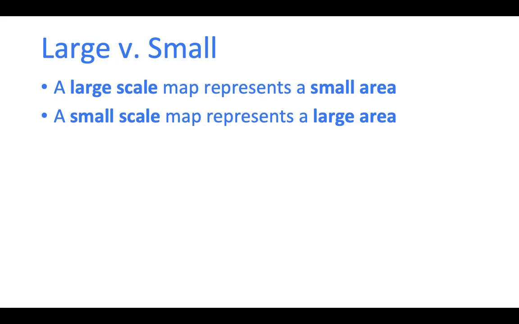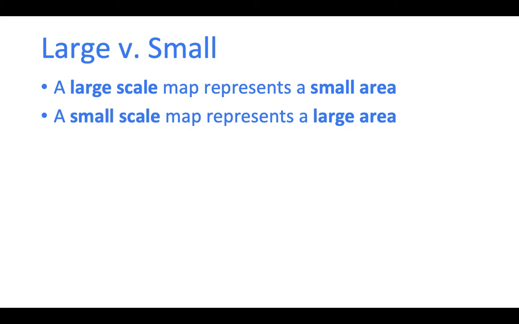And this is always in relation to another map, right? If we're going to say it's a large scale or a small scale map. Like a map of the world, that's a large area, right? So that would be a small scale map. A map of Los Angeles compared to that map of the entire world would be a large scale map because it's representing a much smaller area.